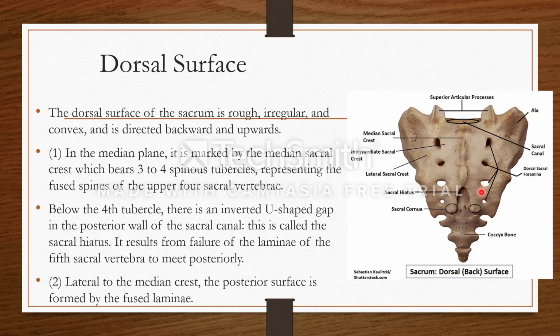Lateral to the median sacral crest, the posterior surface is formed by the fused laminae of the upper 4 sacral vertebrae, while the laminae of the fifth sacral vertebra do not fuse together and form one gap, the sacral hiatus.